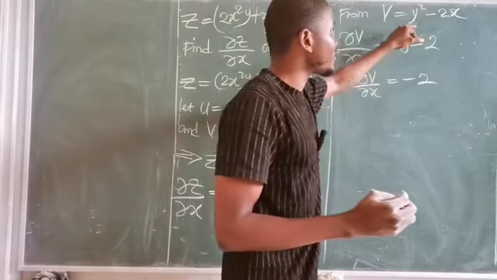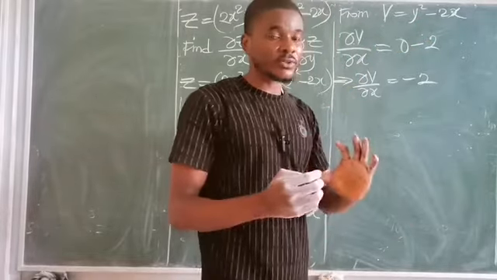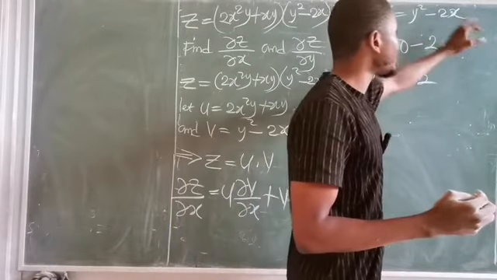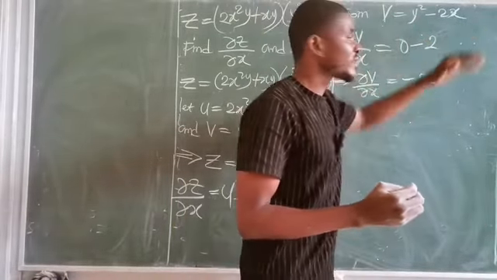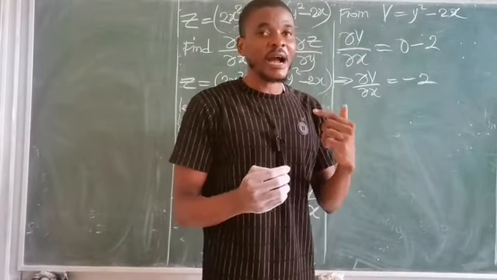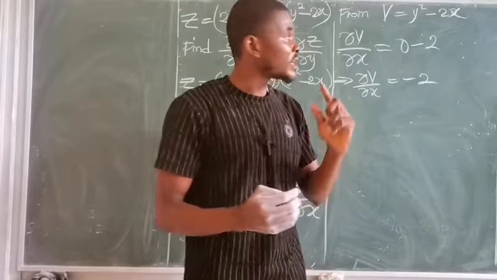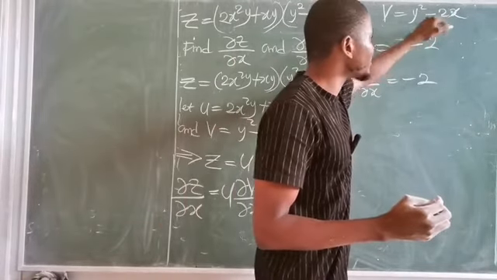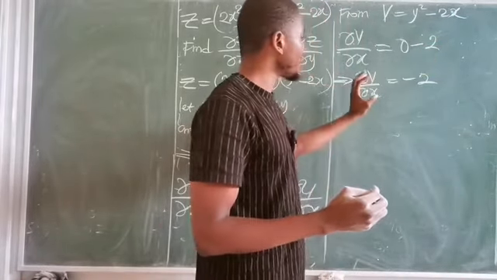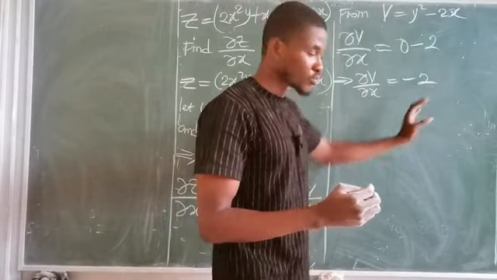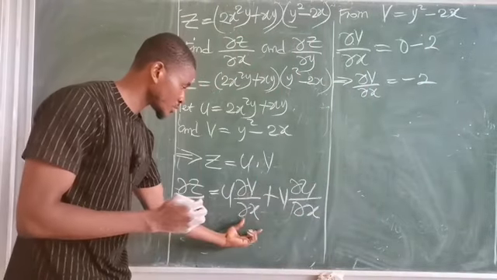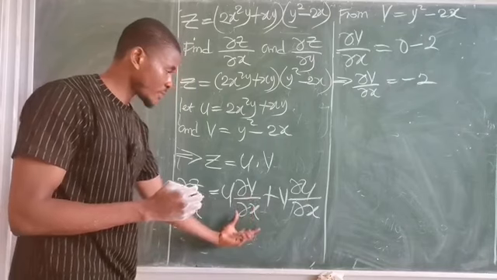So I differentiate y squared, it becomes 0. Minus, I have 2x here. If I differentiate x, since x is raised to the power of 1, I will simply have 1. Now, 1 multiplied by 2 simply gives me minus 2. So it means dv/dx is minus 2. So I've obtained this part of the question, the dv/dx, or this part of the formula.